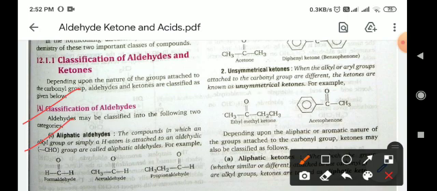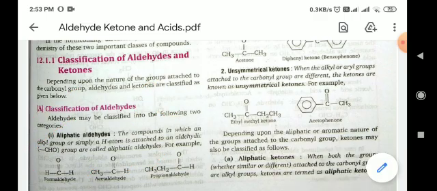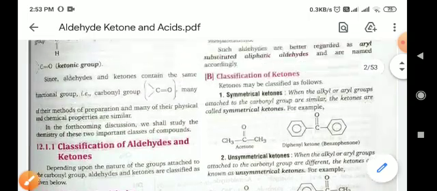For example, formaldehyde. In aliphatic there will be a carbon chain present, no benzene ring, and they are called aliphatic aldehydes. CH3CHO, CH3CH2CHO. Here at the place of R there can be any carbon chain in the compound.